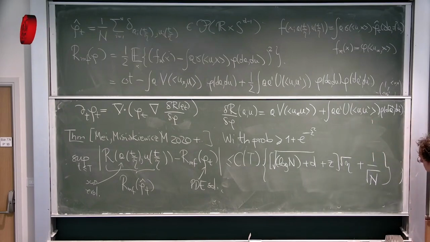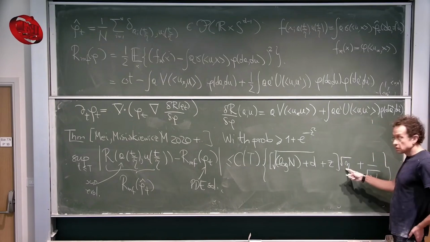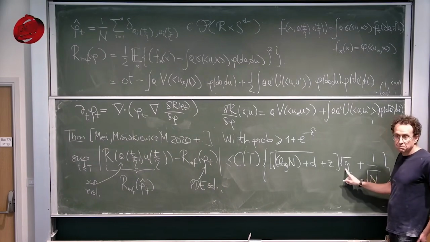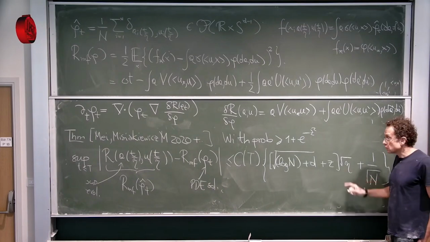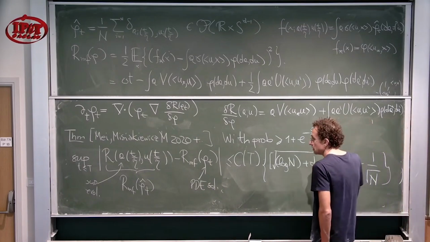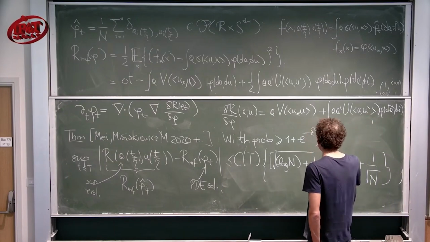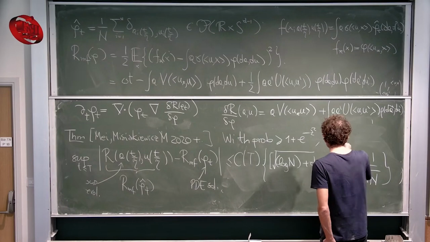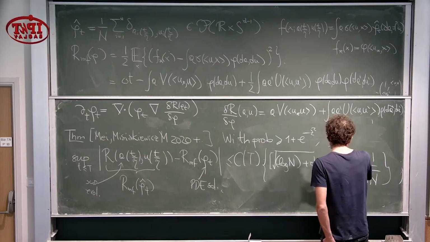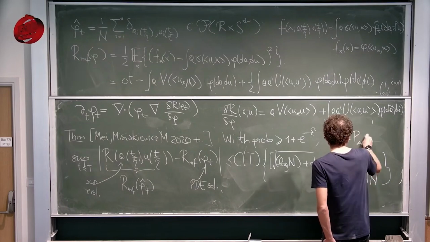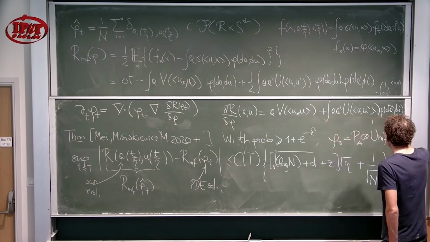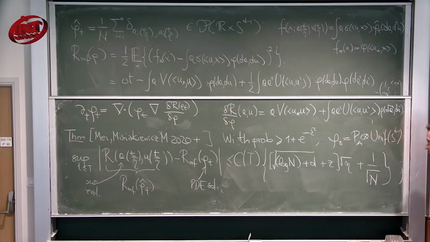So as promised, this is good when N, the sample size, is large. And here the assumption is that you solve the PDE with initialization rho_0, remember, with the coefficients.